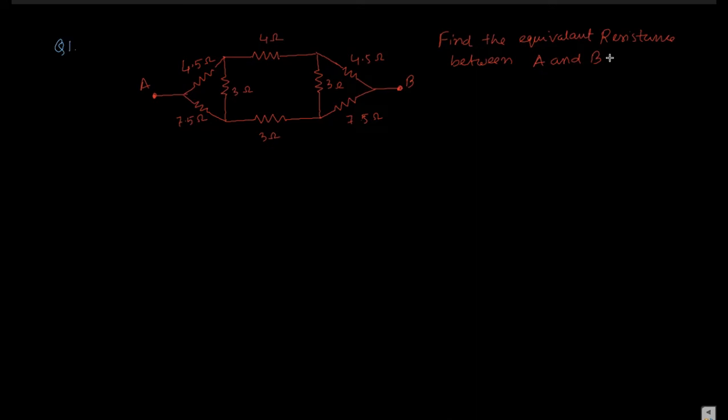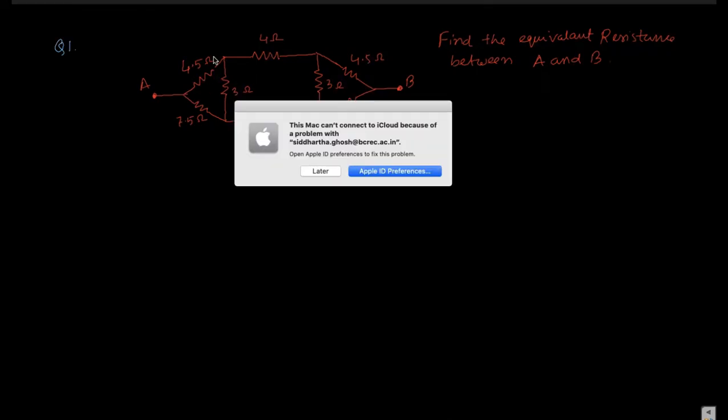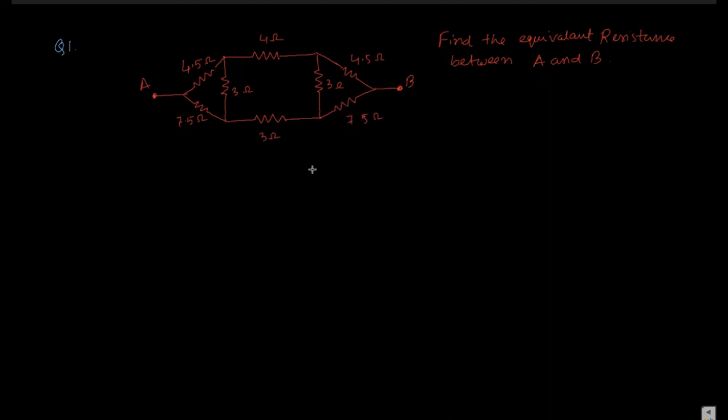You should convert that into the star circuit. This is the delta circuit. By using the series parallel technique, you cannot solve this circuit. So you have to apply the star delta technique for conversion, to simplify this circuit.